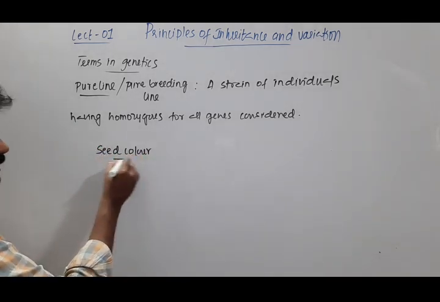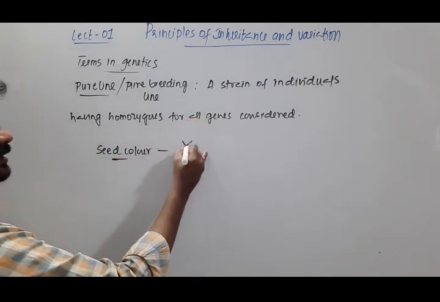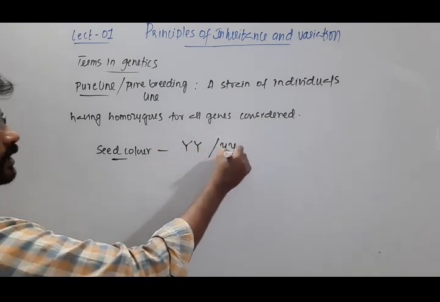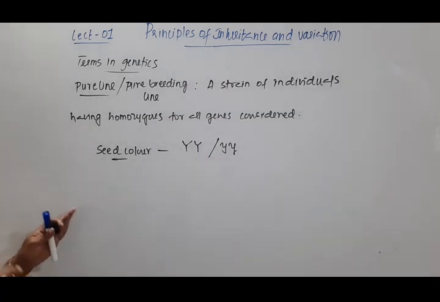I'm taking this character seed color, and it has capital Y or small y. I told you both these are homozygous conditions. So a plant or animal that has all homozygous genes for those particular characters, we say that is a pure line.